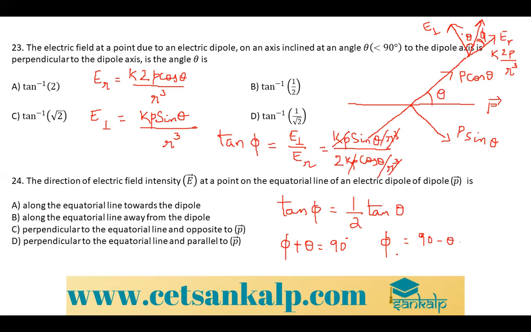Now I'm going to multiply here. So tan theta is equal to 2 times tan phi. So 2 times tan phi, that is tan of 90 minus theta, which is 2 times cot theta.